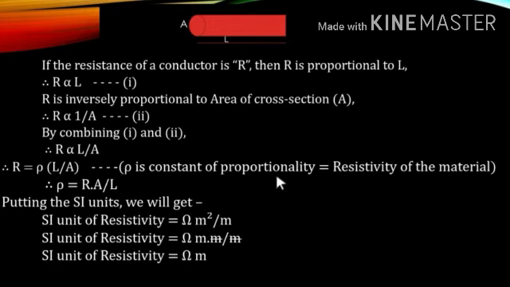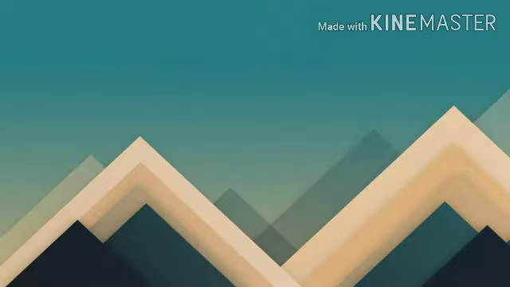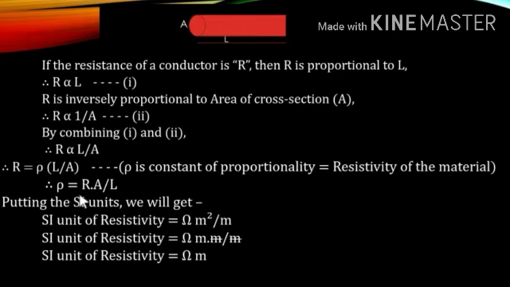Here rho is the constant of proportionality, and this is nothing but the resistivity of the material. Now rho is equal to R into A. This A, which is present in the denominator, goes into the numerator, and L, which is present in the numerator on the RHS, goes into the denominator on the LHS. Therefore rho is equal to R into A divided by L.